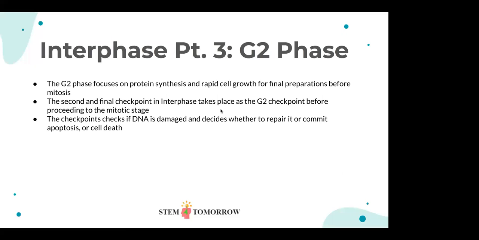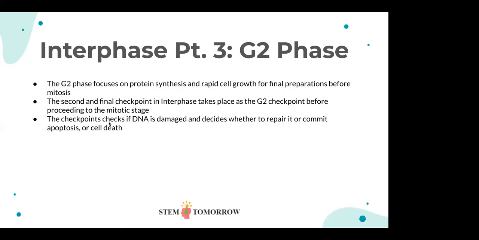For the third part, we have the G2 phase. And the G2 phase focuses on protein synthesis and rapid cell growth for final preparations before mitosis. So this is the final step of interphase. The second and final checkpoint in interphase takes place as the G2 checkpoint before proceeding to the mitotic stage. So pretty much a final checkup.